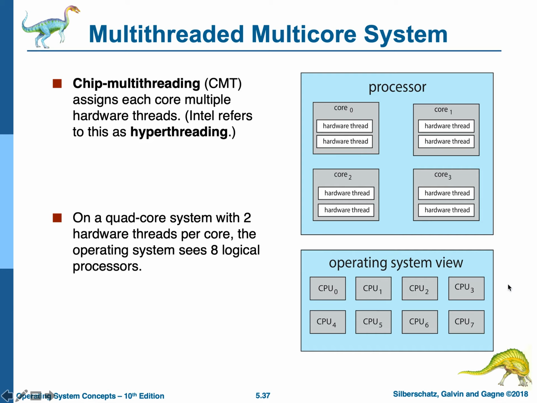So the operating system views these threads not as threads, but as cores, as CPUs. So if this processor has 4 cores but 8 threads technology, then the operating system sees this processor as 8 cores.